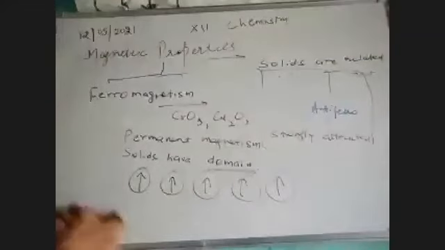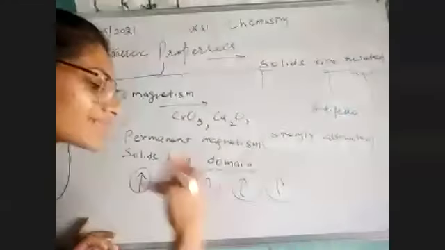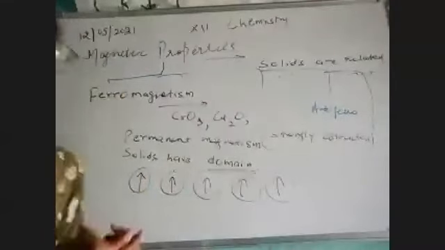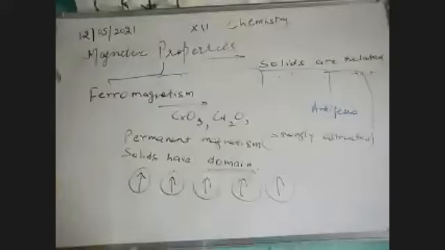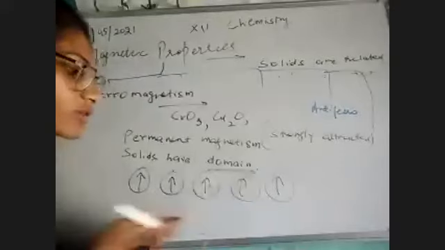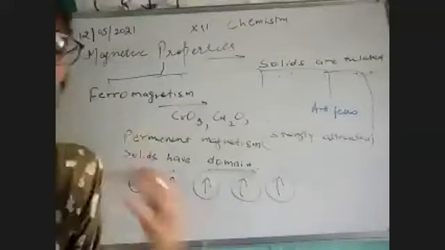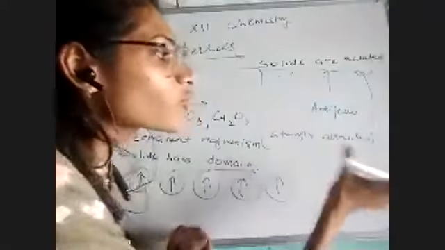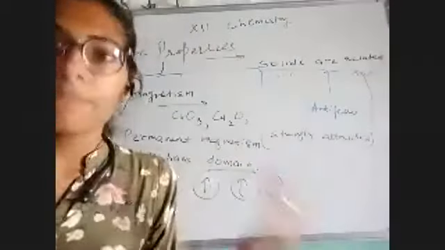So if the domains are perfectly aligned in the same direction, in the same orientation, this is known as ferromagnetism. Why am I stressing that they are aligned in the same direction? Because when we go to antiferro and ferri, they are just opposite to this.